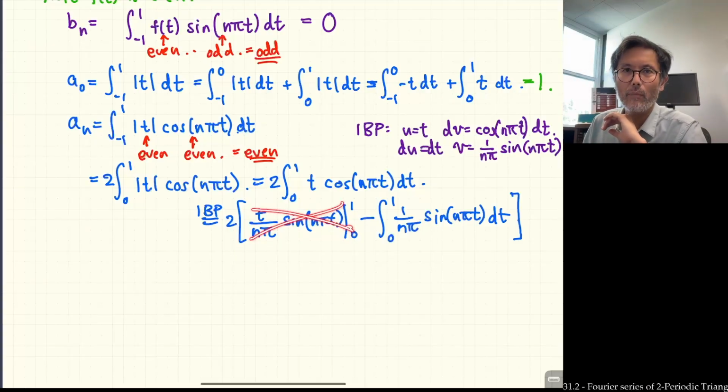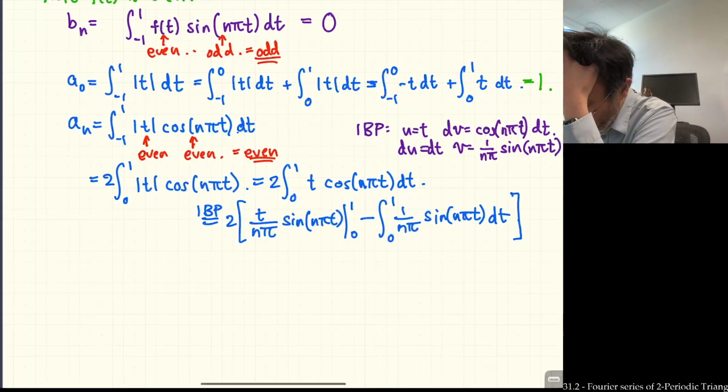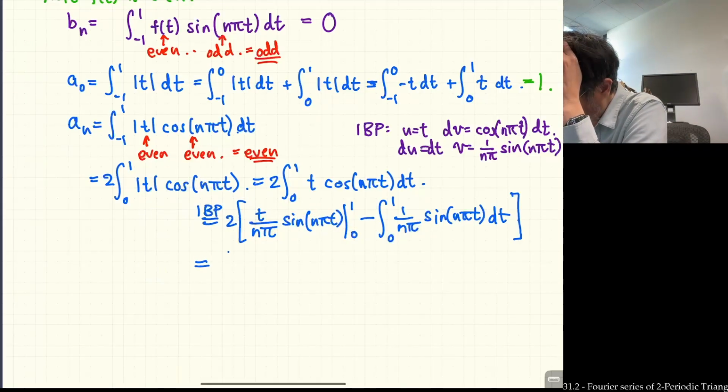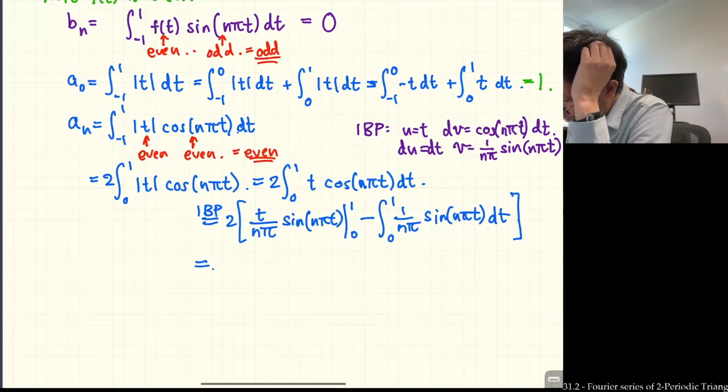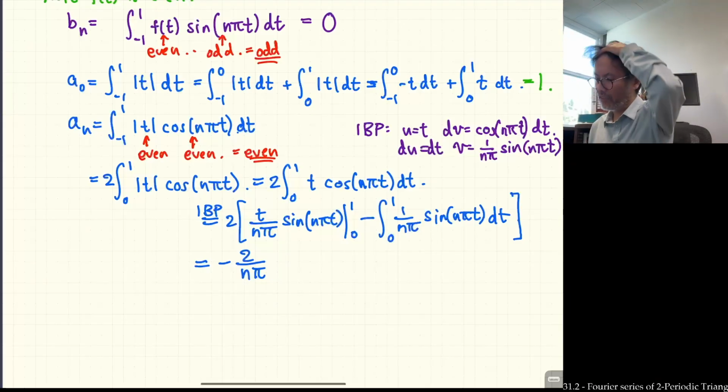I don't even have to think about it. Great. So what I'm left with is the other bit. And I can't forget my 2. I can take out the 1 over n pi, move the 2 in, so 2 over n pi, and I haven't forgotten my negative sign, because good hygiene around negative signs.